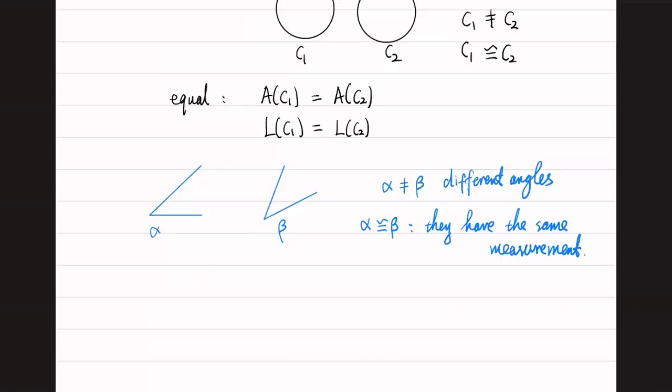But sometimes we still use alpha equals beta. And you will see this in many math books. Why? Sometimes we use alpha and beta also for the measurement.